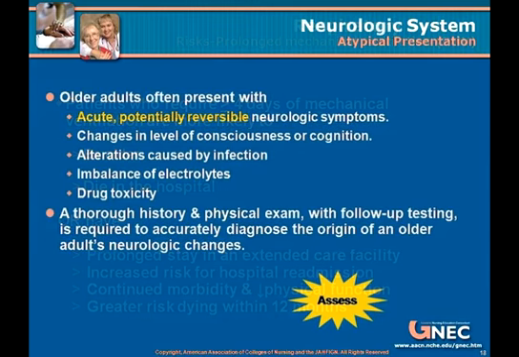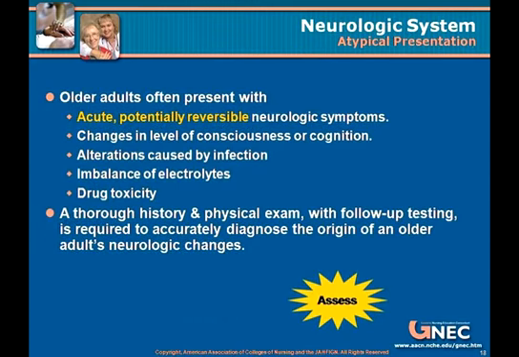Older adults often arrive at emergency departments or in the intensive care unit with acute neurologic symptoms, with mental status changes. And mental status changes may be the atypical presentation for sepsis, for an acute infection, or for some other injury, perhaps a head injury after a fall or a stroke.